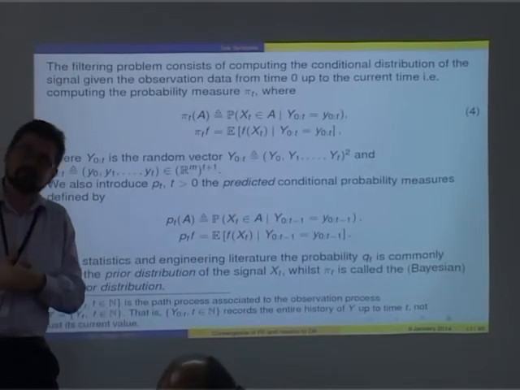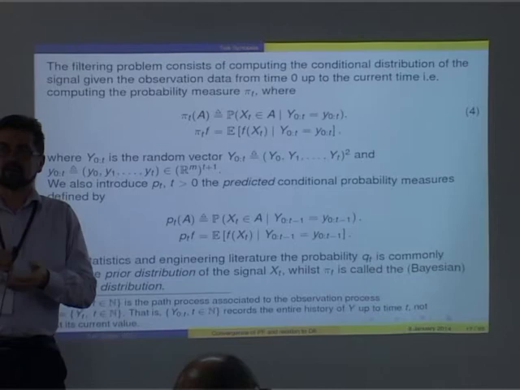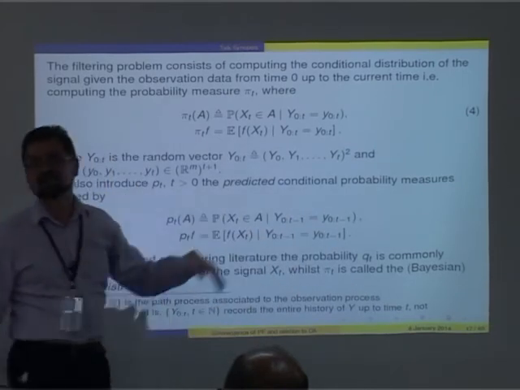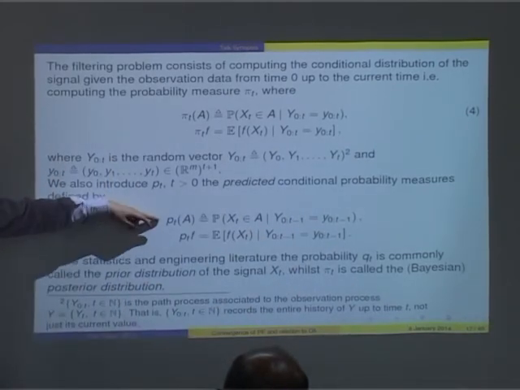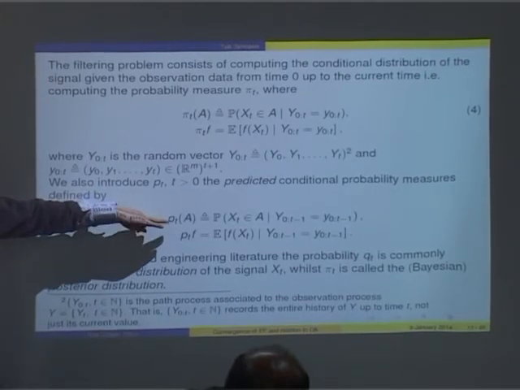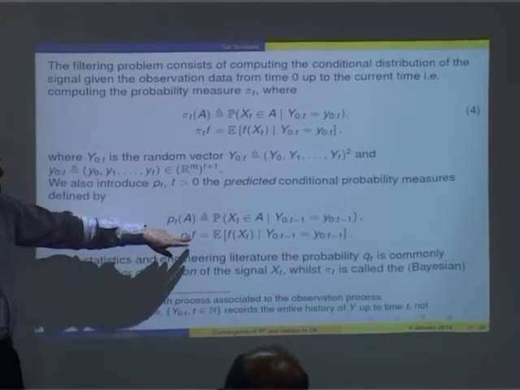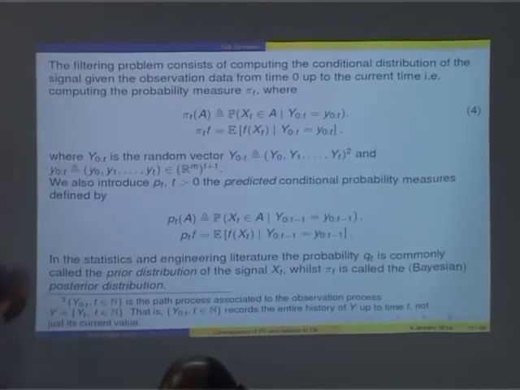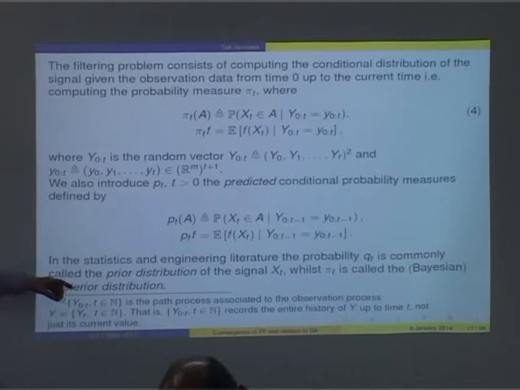So I go one step farther with my signal. My signal evolves, right? But I haven't yet made this next observation. So this is the prediction, the predicted conditional distribution. I'm missing the last observation, okay? And this will make the connection to the next step in the following page.